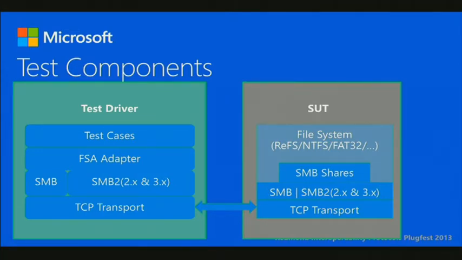The remote server, which is the SUT, exposes SMB shares on a specific file system so that we can verify if the file system implementation complies with the description mentioned in the document.